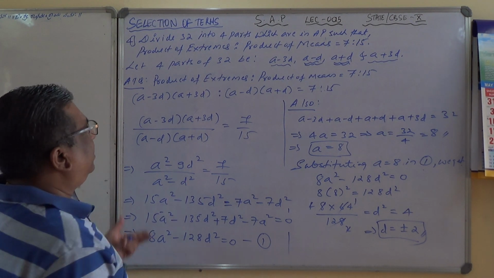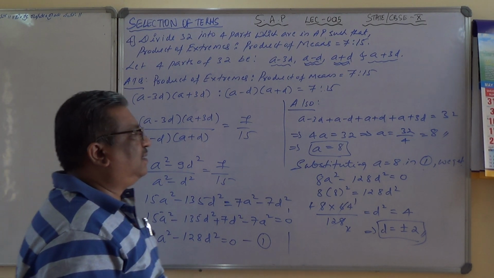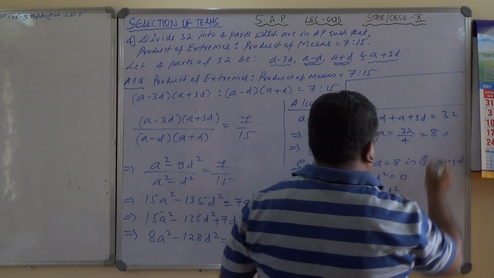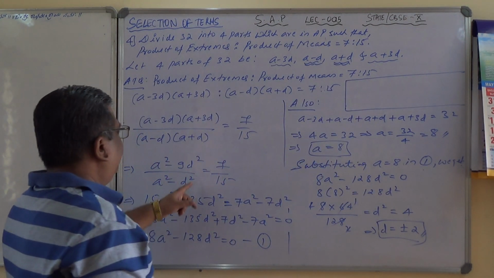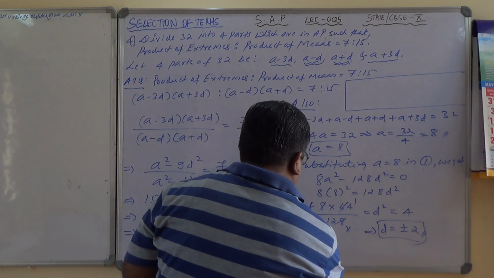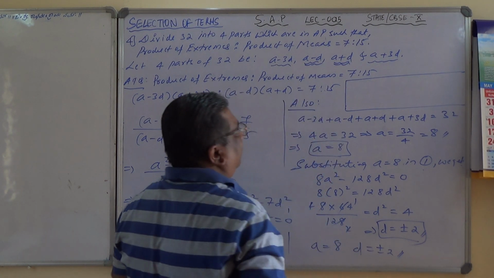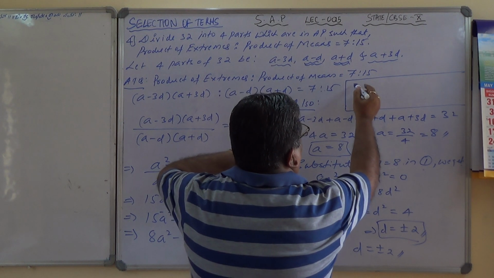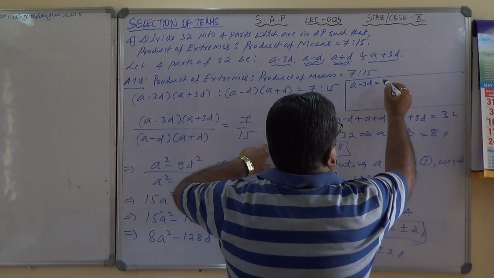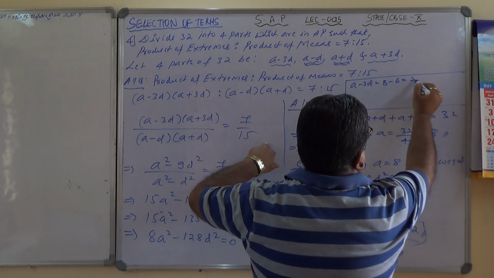D can be both plus or minus. Case 1, case 2, work out; probably you will get the same numbers. I'll write the numbers directly, taking a shortcut. Therefore A equals 8, D equals plus or minus 2. Based on this, the four numbers: A minus 3D equals 8 minus 3 into 2, 6, which is 2.